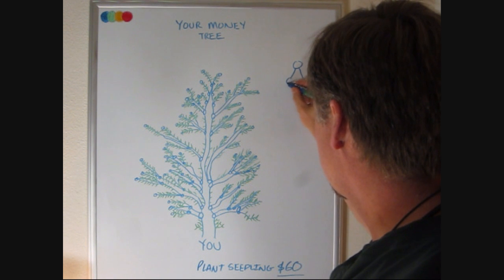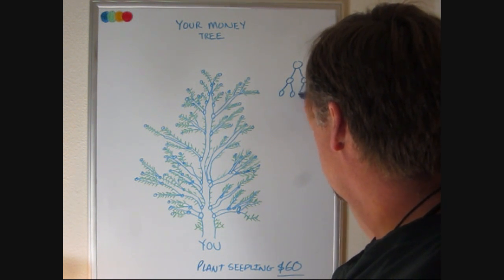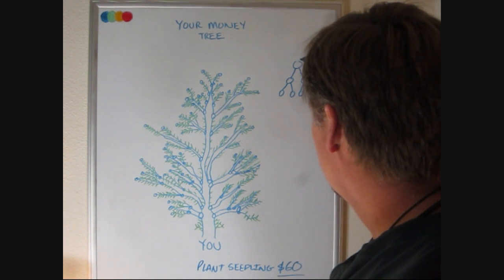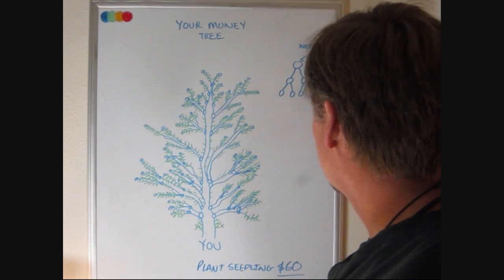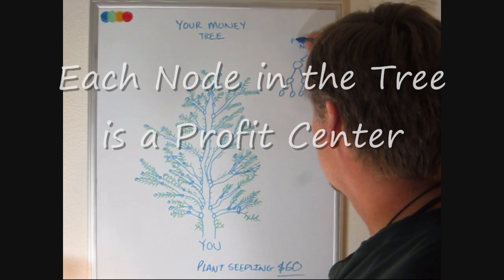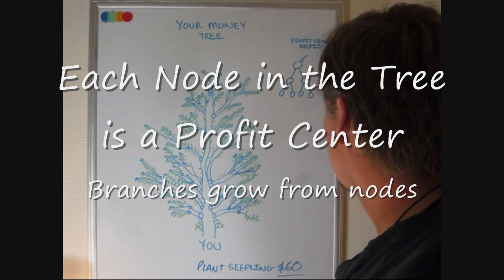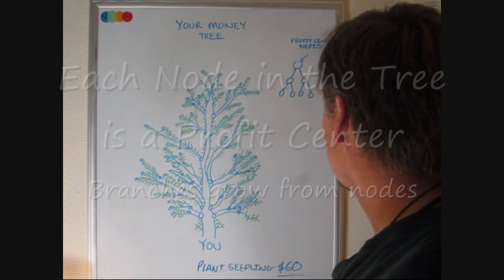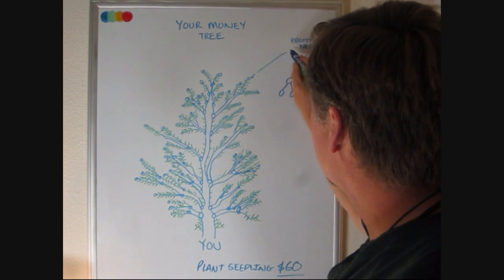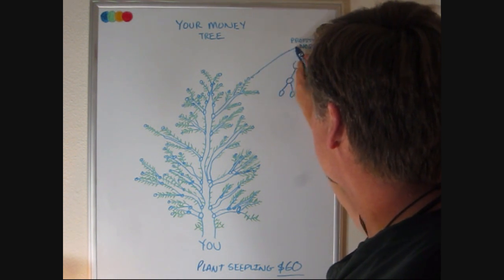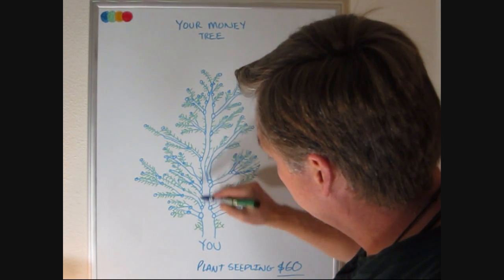When we draw them like this, these are nodes, or the other thing we call them is profit centers. Profit center. And so I've drawn a little node on each of these branches here, and also off of the main trunk.